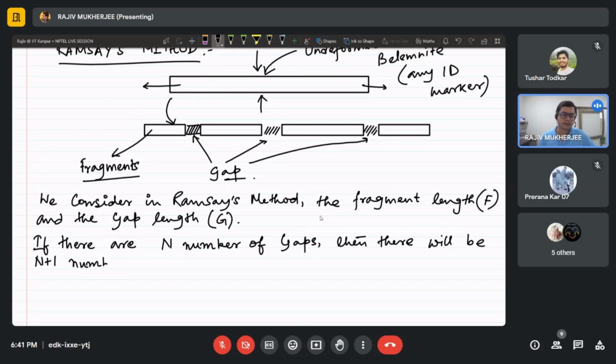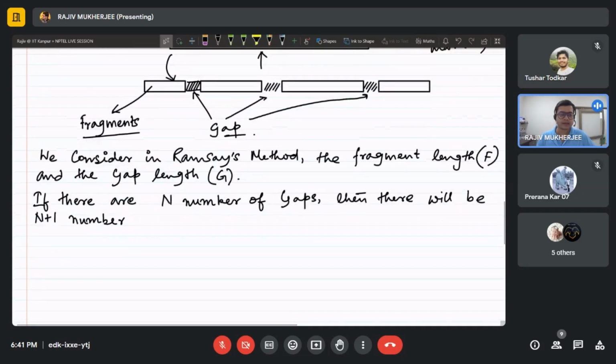This is a very simple mathematical estimation. So if there are n gaps, then there will be n plus 1 number of fragments.